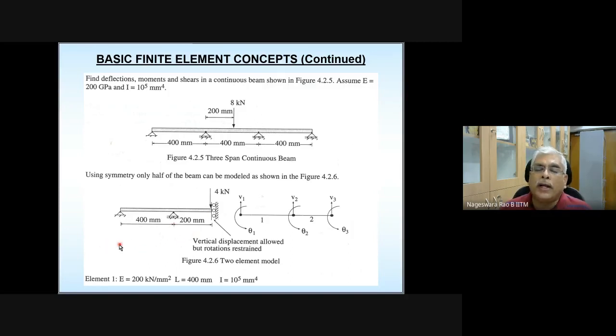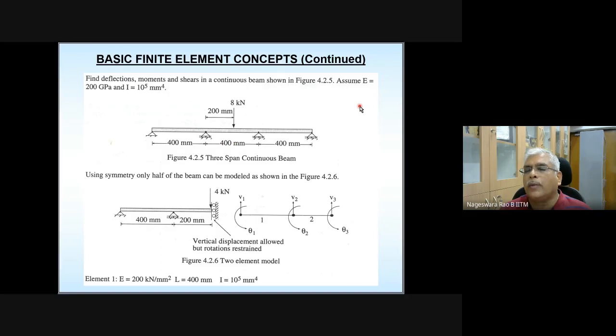The point I want to make is this. If you are not sure whether theta 3, the rotation right under the point load, is going to be 0 or not, don't take the risk.